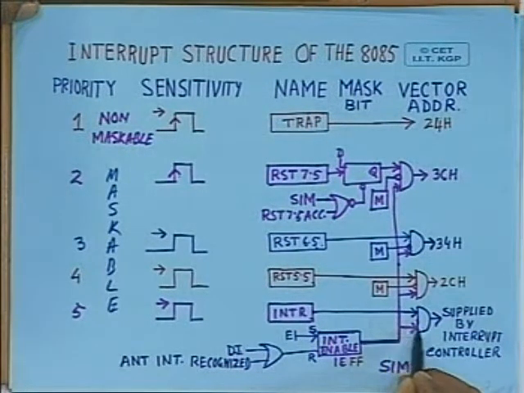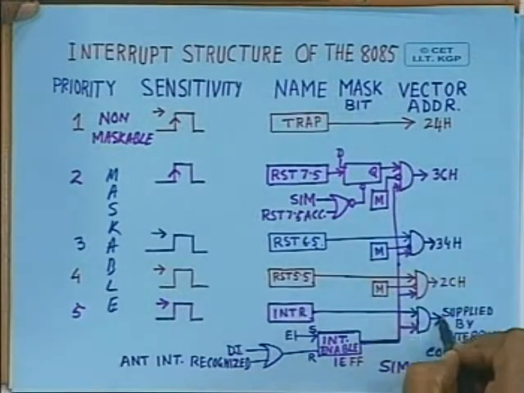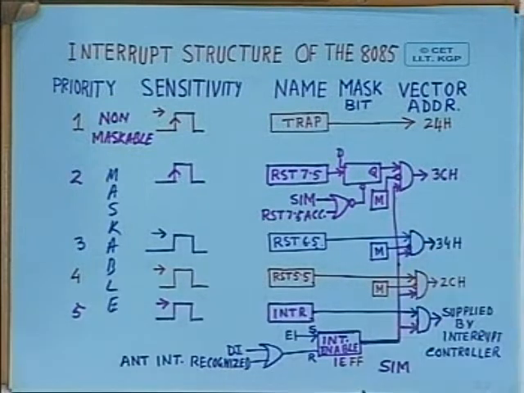Whenever it is 1, as you can see here, then these maskable interrupts are enabled. On the other hand, if you execute disable interrupt, then this interrupt enable flip flop is reset. So, EI is connected to the set input of this flip flop and DI is connected to the reset input of this flip flop.